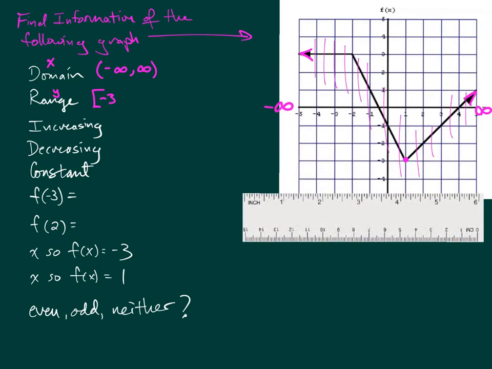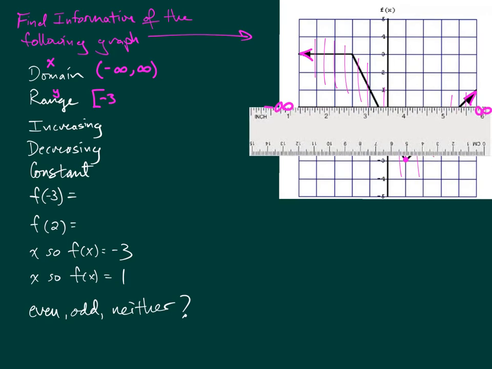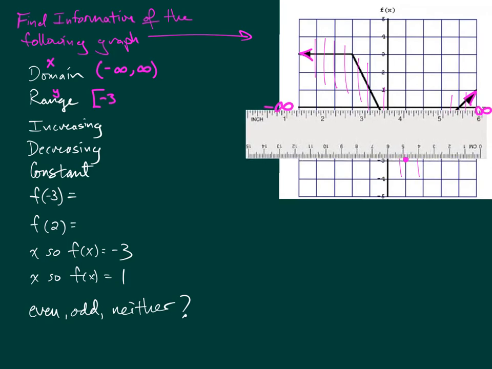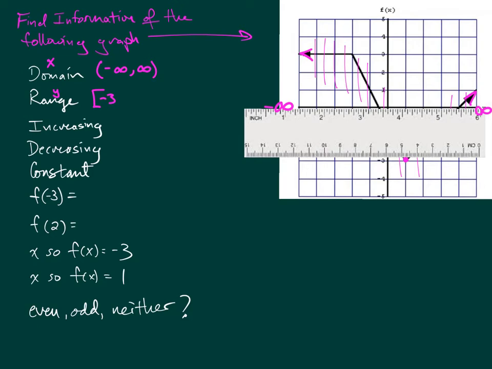But I would like to draw your attention over here on the right side of this graph. You see this arrow? We talked about it already, going to the right forever. And that's what allowed us to say the domain goes to positive infinity. But this arrow isn't only going right, it is also going up.